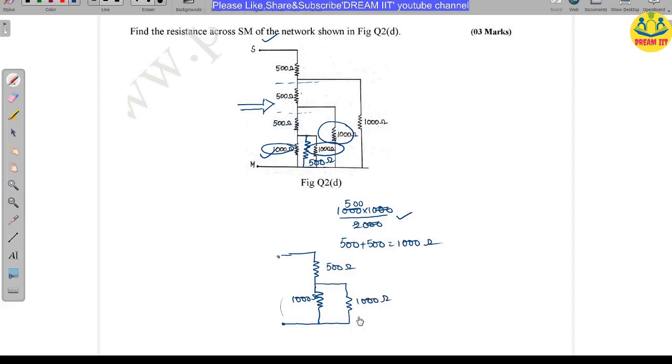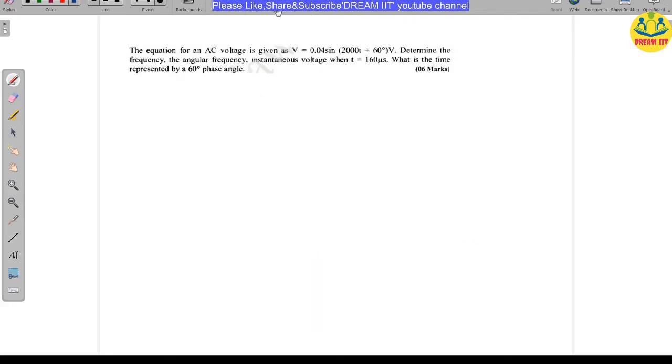If you reduce this entire part, you will get once again 500. So the total resistance between S and M terminals is 500 plus 500, that is 1000 ohms. This is given for a 3 marks question.